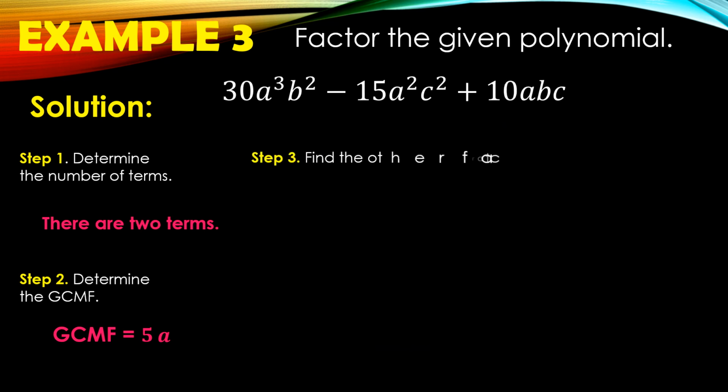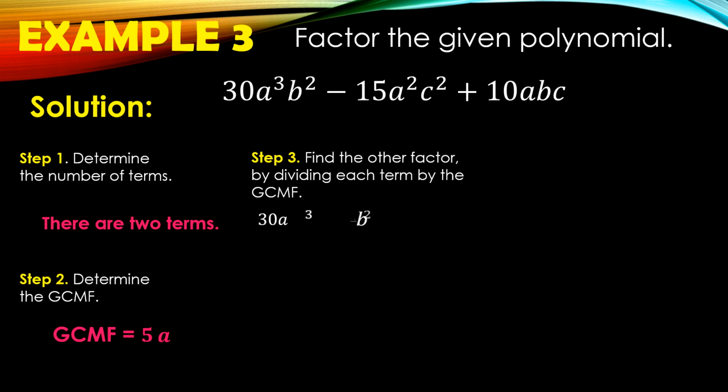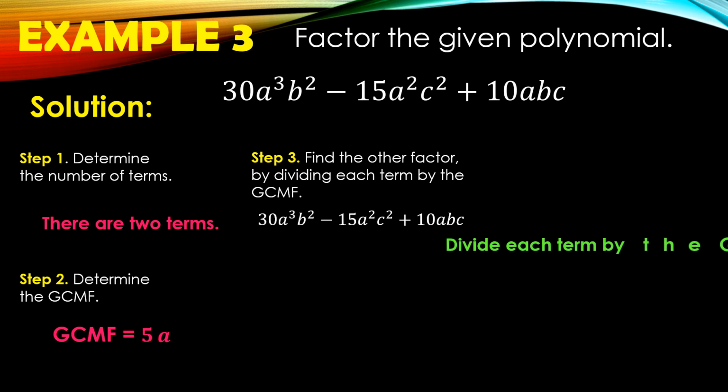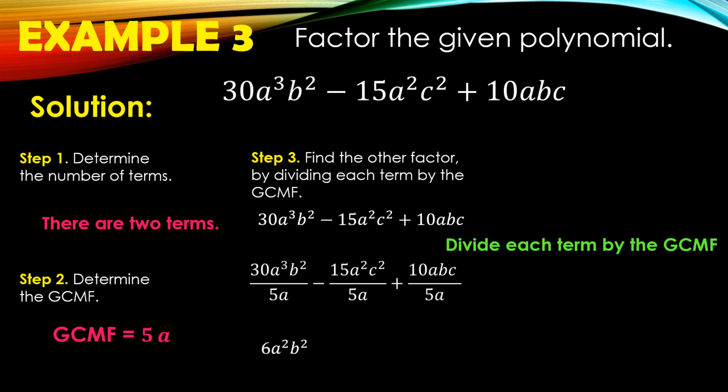Let us continue identifying the other factor of the given polynomial. Step 3. Find the other factor by dividing each term by the GCMF. So copy the given polynomial and divide each term by the GCMF. So the GCMF is 5a and divide it into each of the terms.